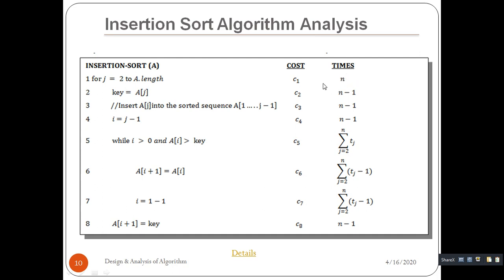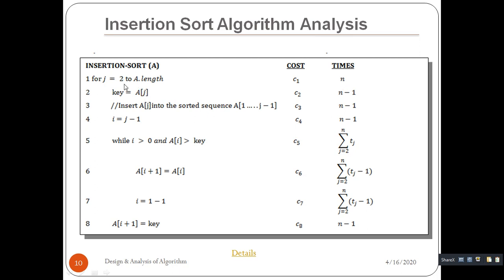Why? Because in the last iteration it will just check the condition, but the loop body will not execute. So always one extra condition check has to be executed in any kind of loop. Here we expect n minus 1, but it will be one more, that is n minus 1 plus 1, that is n.